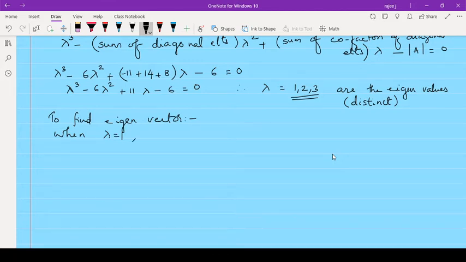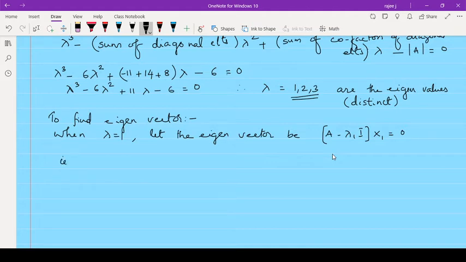So, when lambda equal to 1, let the eigen vector be (A minus lambda 1 I) into x1 equal to 0, or simply take x. So, lambda equal to 1, the eigenvector is (A minus lambda I) into x1 equal to 0.